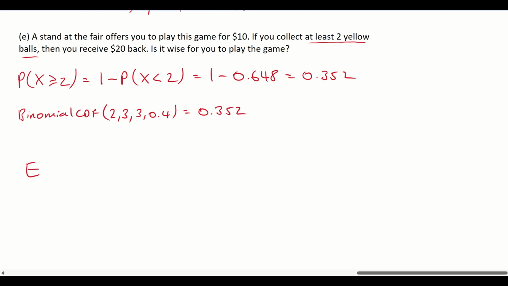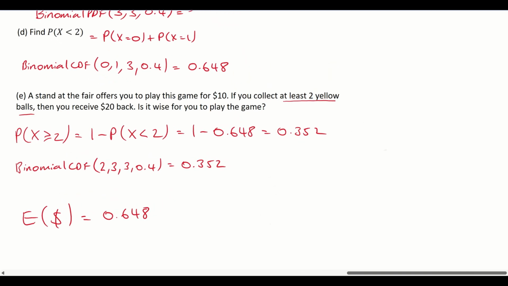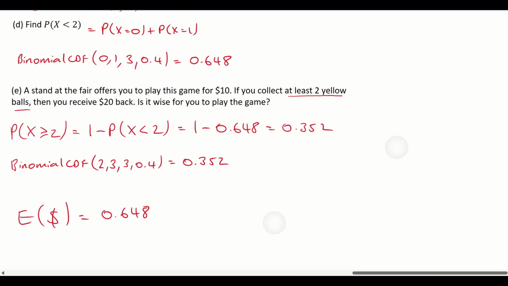So the expected amount of dollars, if you like, well, 0.648 of the time, so 64.8% of the time, we lose. We get less than 2 yellow balls. So when we lose $10.